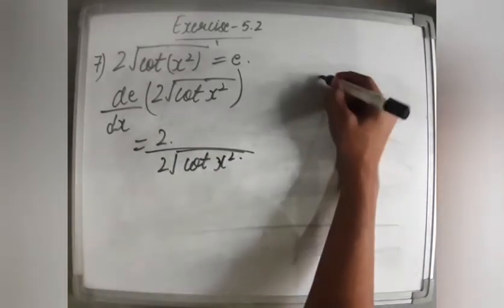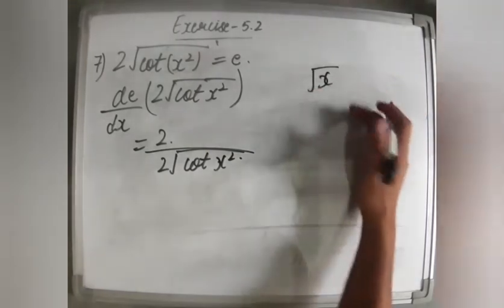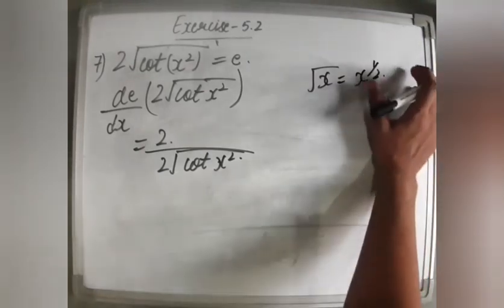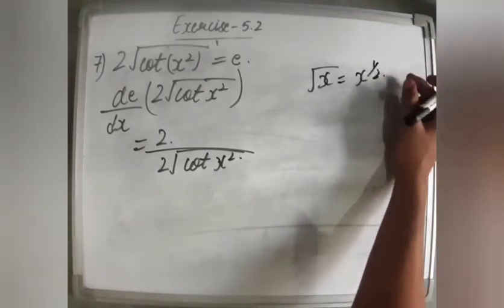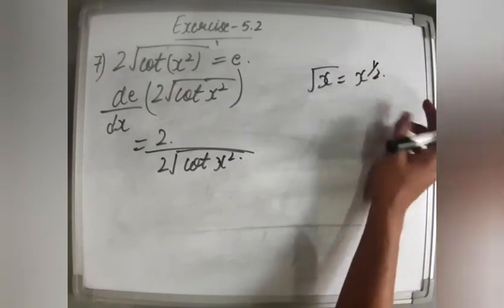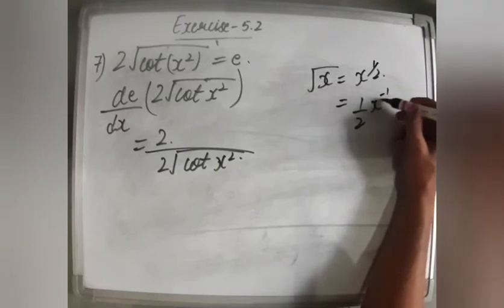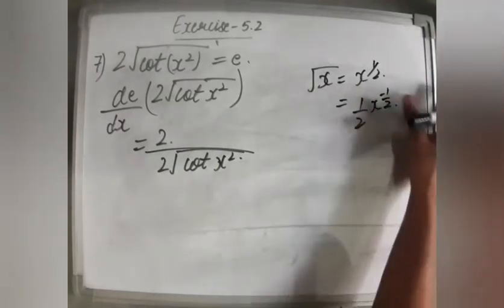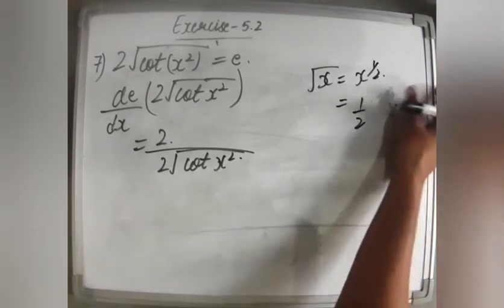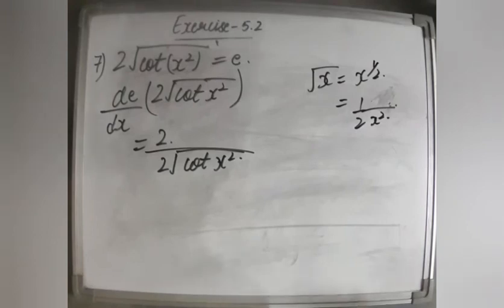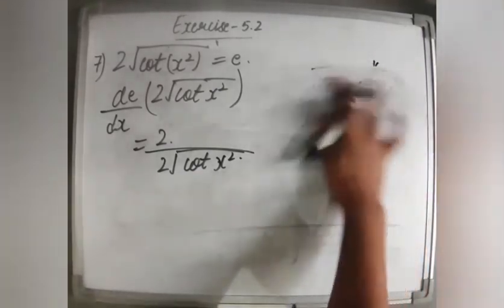I have assumed this as under root x, and I can write under root x as x raised to power 1 by 2, and when I differentiate this we get x raised to power minus 1 by 2, and when I put x in the denominator I get 2 under root x. Simple. Okay, this was just for showing you an example of how this 2 under root cot x square came.